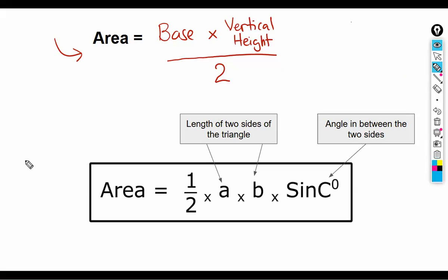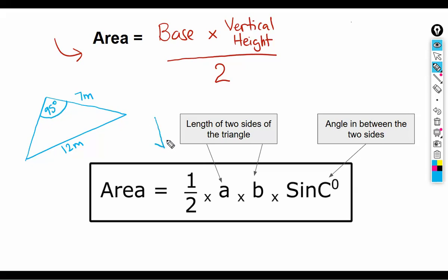For example, if I have this triangle here, and I tell you this here is 7 meters, here is 12 meters, you notice I give you the length of two sides. If I give you this angle here, I tell you this angle is 95 degrees.